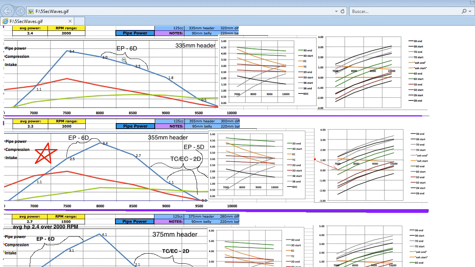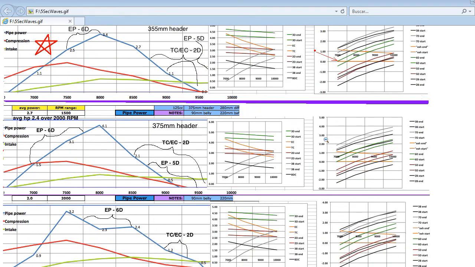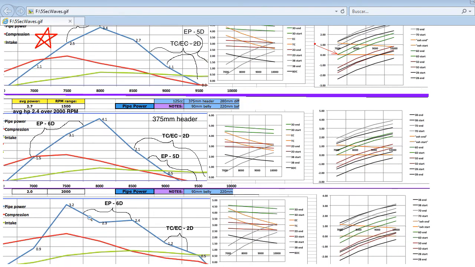So you've got 6D just past the middle of the power band, and here you've got 6D just before the middle of the power band. So I wanted to see what it would be like with 6D right in the middle of the power band. And I did that here, and it gave me a strange result. So I didn't like that.